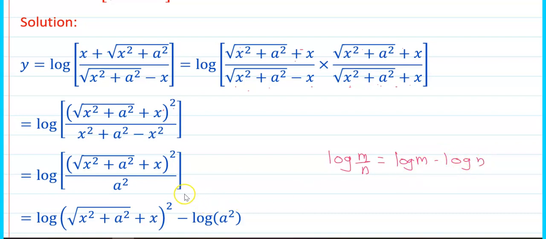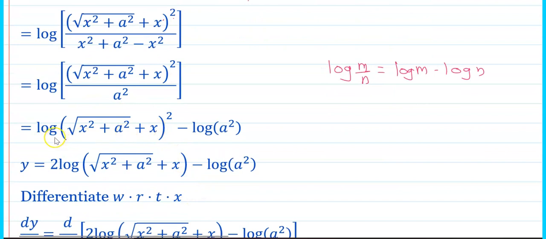In a similar way, here is log of, in root of x square plus a square plus x, bracket square. Again next, what about here? Log of m raised to n. Then what about the rule? n into log of m. Therefore 2 times log of, in root of x square plus a square plus x, minus log of a square. Keep it as it is.